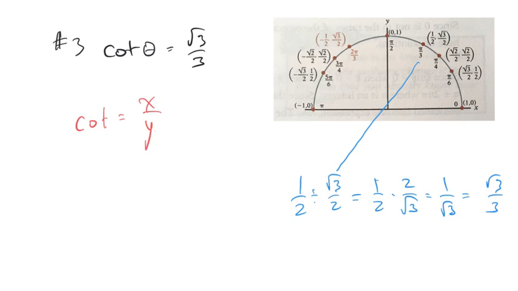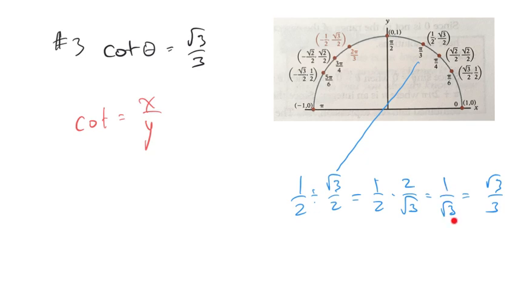So we're going to do a similar thing where we take the first number instead of the second number. We start with the first number and multiply by the reciprocal of the second number. So 1/2 in this case divided by square root of 3 over 2 would give me 1/2 times 2 over square root of 3. The 2's would cancel out.